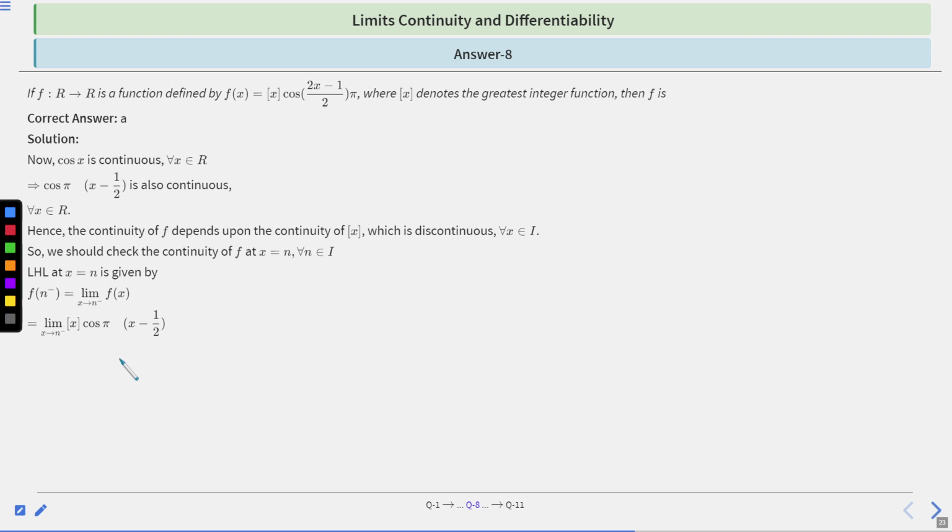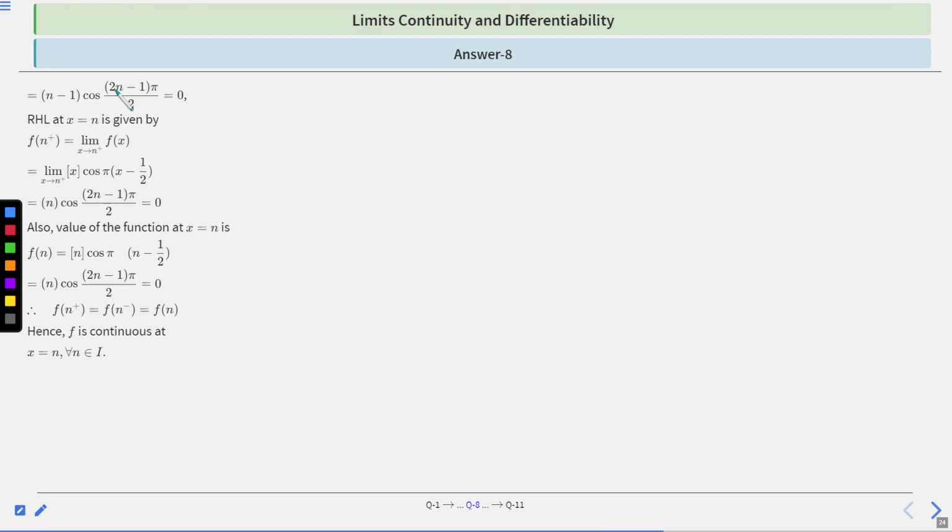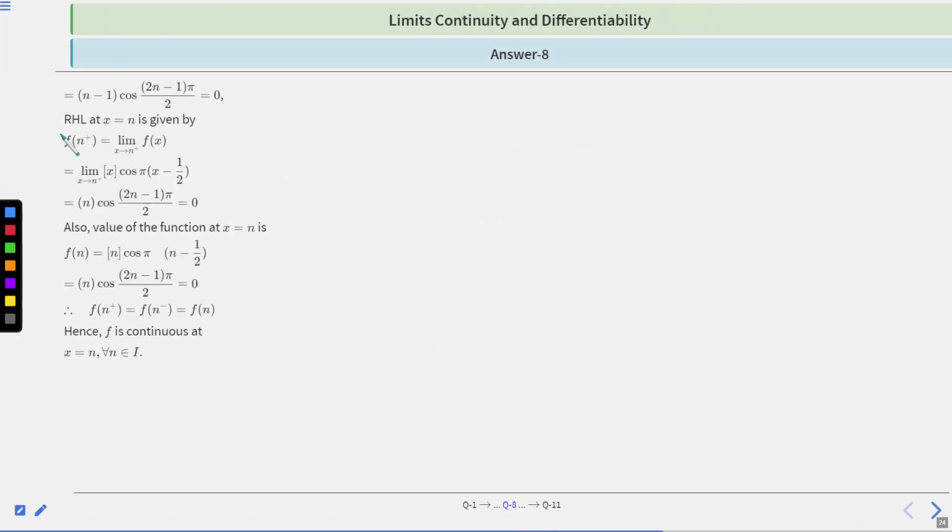Clear? So it will be (n minus 1) cos (2n minus 1)pi by 2. Cos of some odd multiple of pi by 2 is 0. Clear? So it is 0. Now it is the left hand limit. The left hand limit of this is becoming 0.